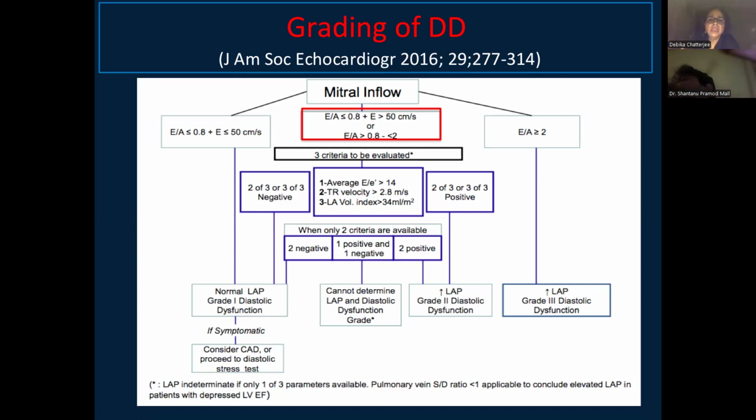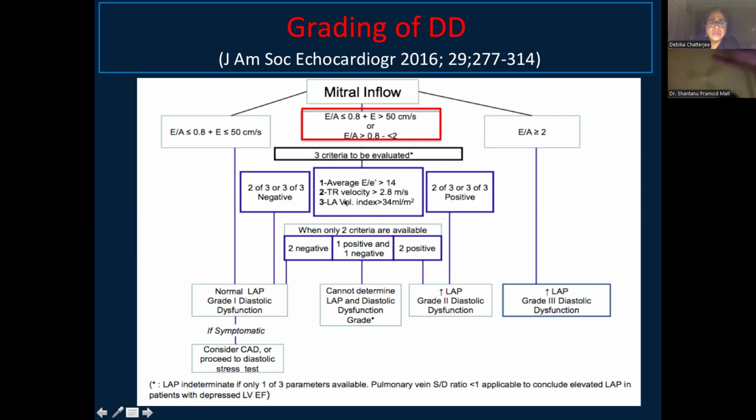Number 1, average E/E prime more than 14. Number 2, TR velocity more than 2.8 meter per second. Number 3, LA volume index more than 34 ml per square meter. I have already explained how we get all these values. Now, after getting these 3 values, you will come to the conclusion.